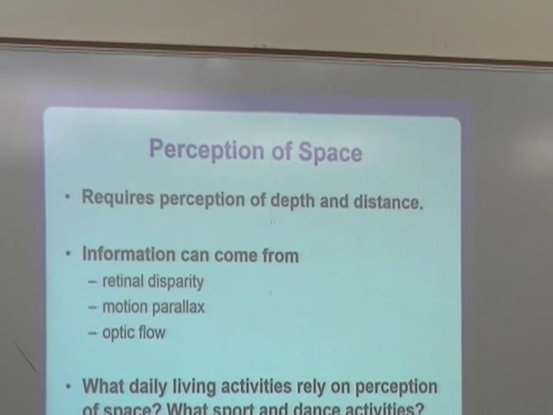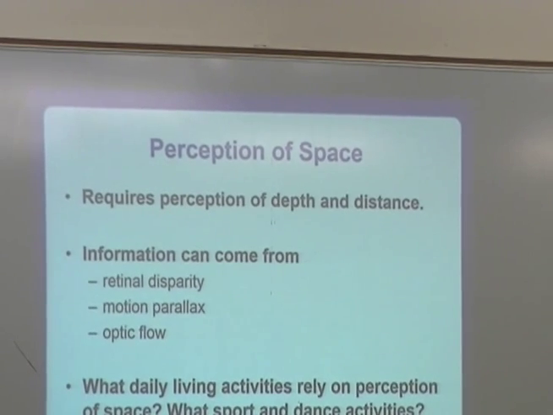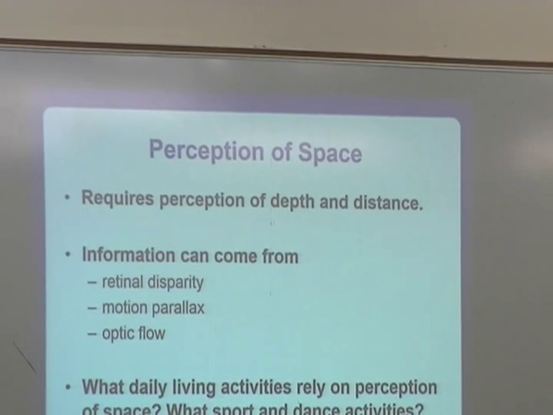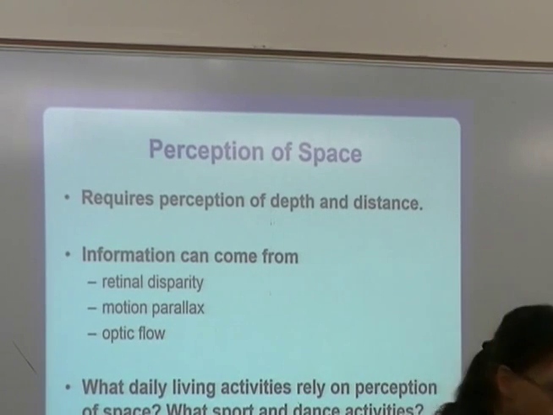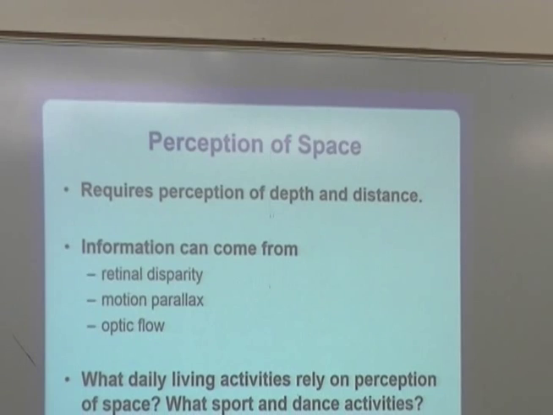My brain gets 2 pieces of information, and then it fuses those pieces of information back into something that looks 3-dimensional. So retinal disparity, 2 different pieces of information from both eyes, is one of the tricks that your brain uses to help learn about distance and depth.